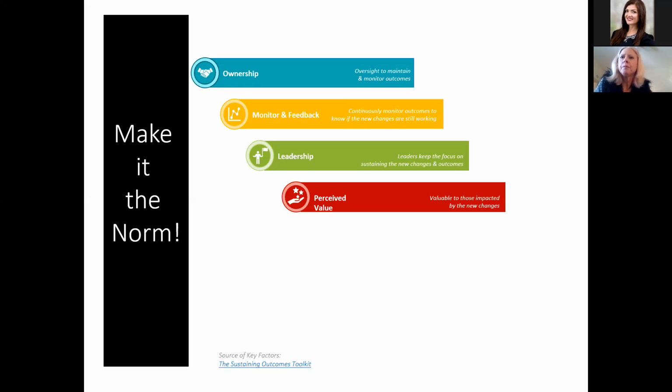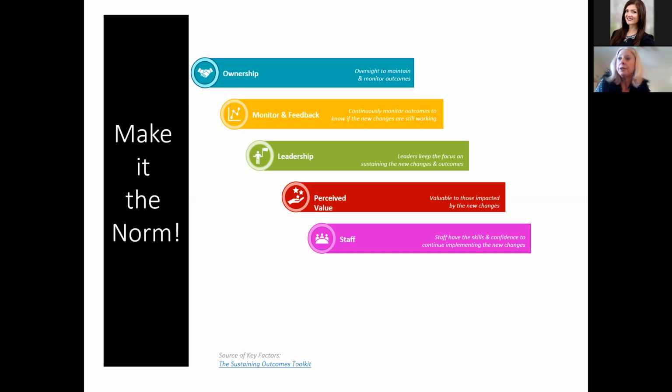Perceived value. That's valuable to those impacted by the changes. The why. That's why we talked about that with change management, knowing why we're doing that. It's important to communicate those changes so people do understand the why. Staff, they have skills, confidence to continually implement the new changes.